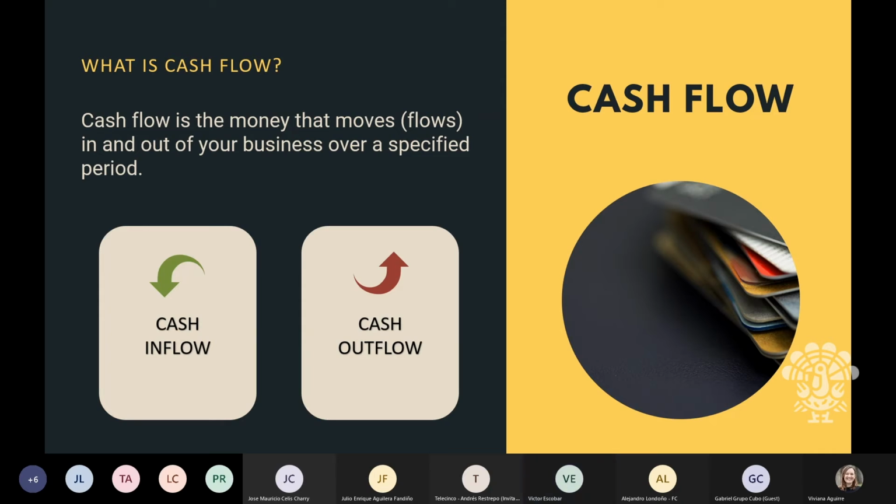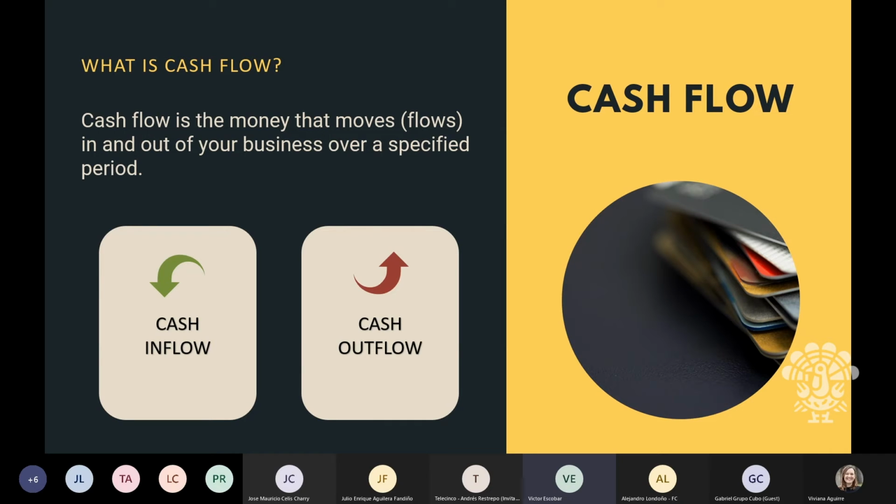The lack of cash is one of the biggest reasons small and medium businesses fail. And it's important for everybody to manage this cash flow in a proper way and to understand how it works inside the company. And here I have another question.